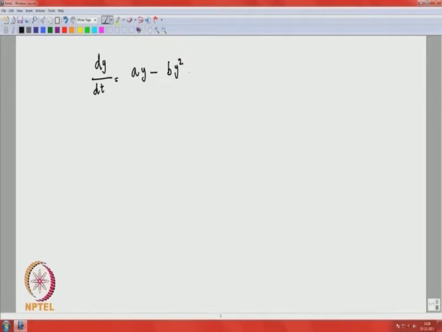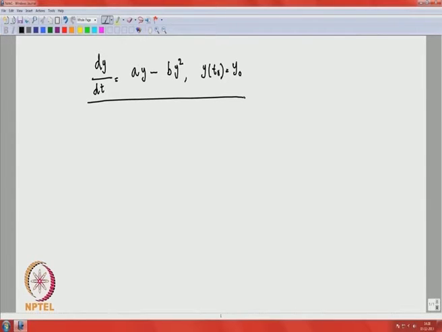It is also known as the logistic model; we have not yet plotted the curve. The equation we have seen is dy by dt is equal to a y minus b y square, with the initial population y(t naught) equal to y naught.